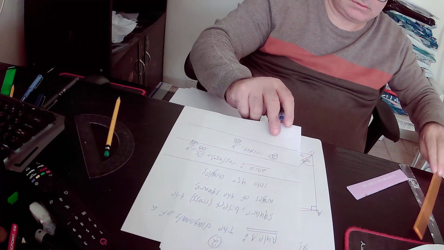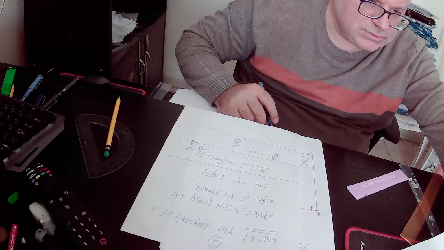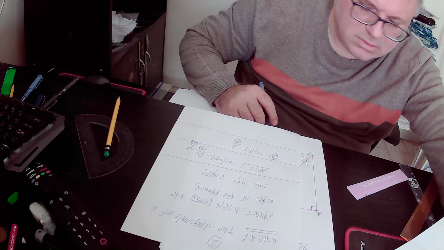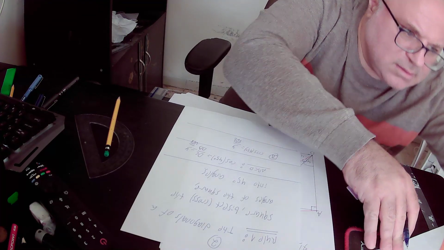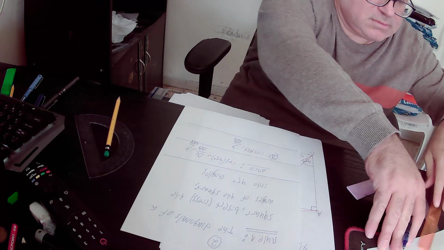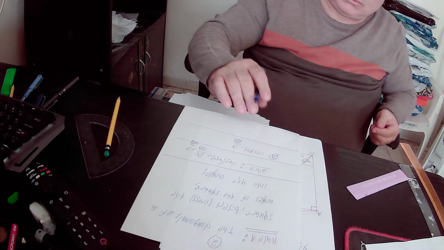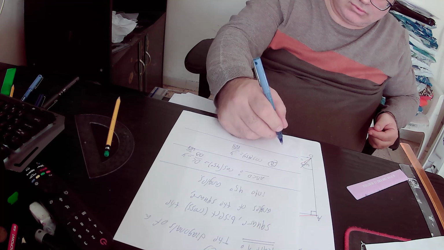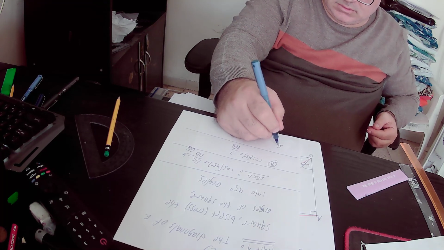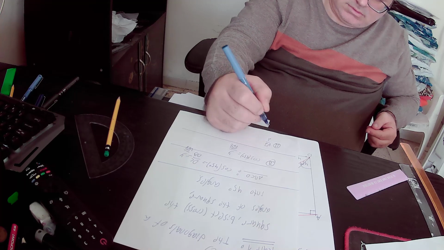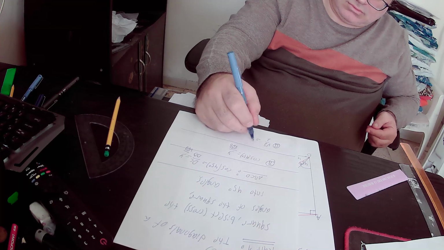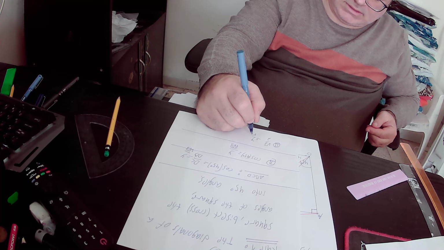But we know that cosine 45 degrees equals square root 2 over 2, and all equal to y over square root of 68.